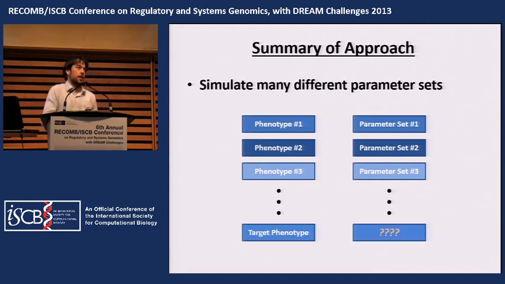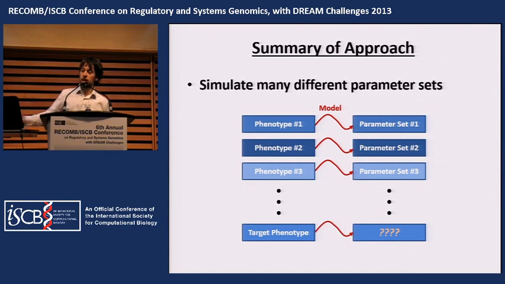And then at the end of the day, the competition organizers gave us a target phenotype we were trying to reproduce. So the clear way forward is to train a statistical model or machine learning algorithm to predict the parameter set from the phenotype, and then use that model to go from the target phenotype to the target parameter set.